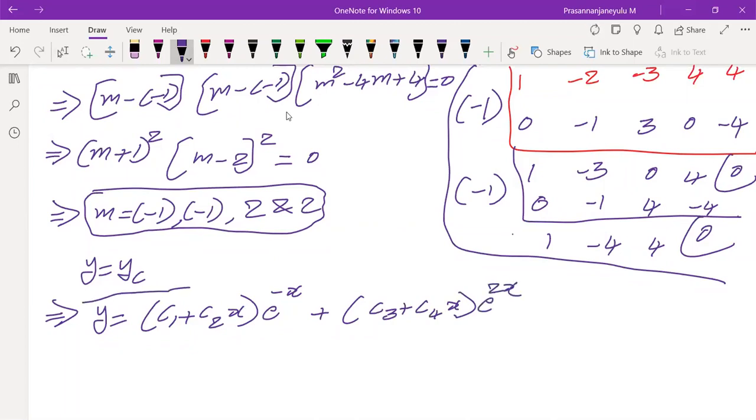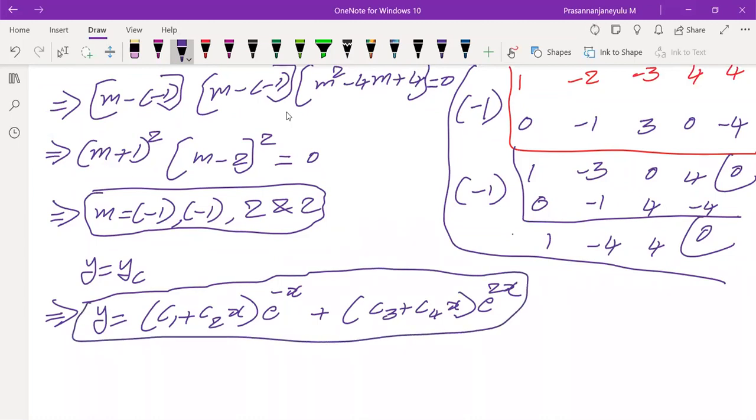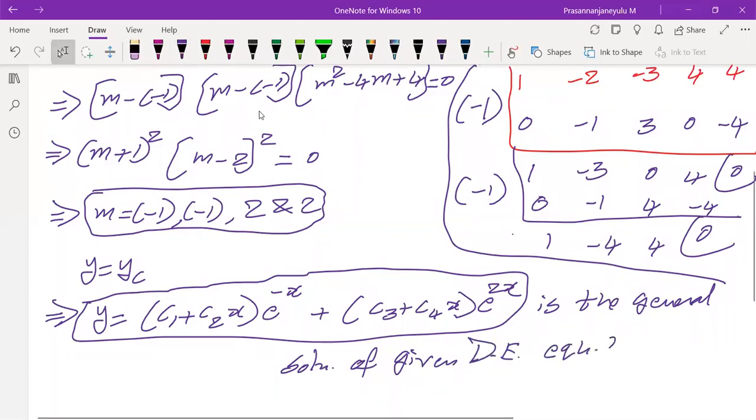So this is yc, but we already mentioned y equals yc. That is the general solution of the given differential equation. And if you want to mention equation number 1, that's enough.